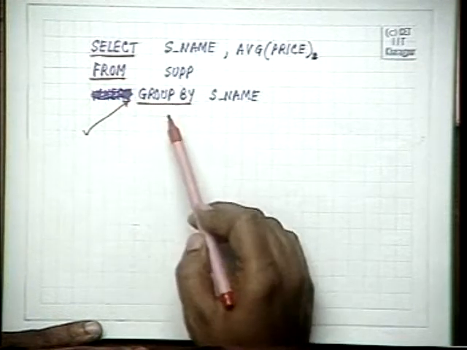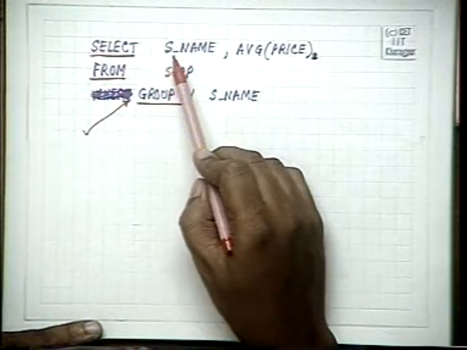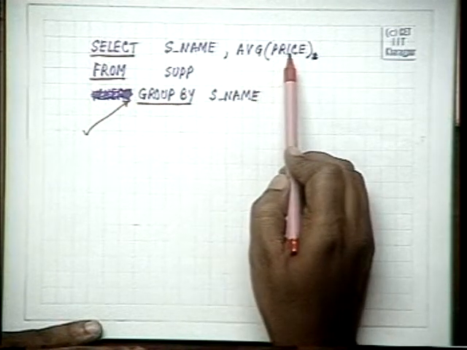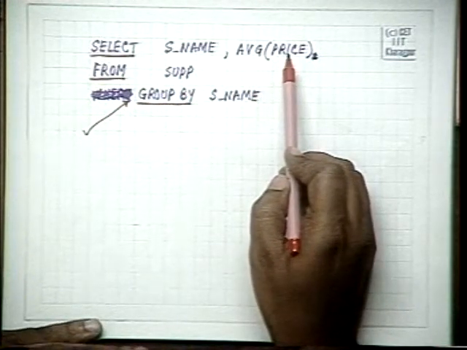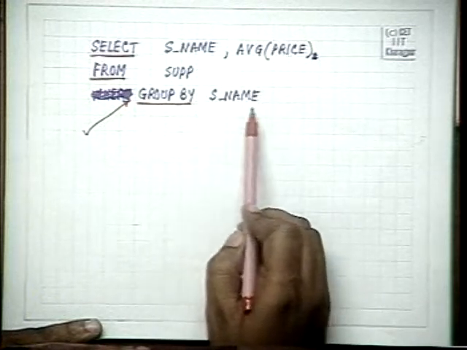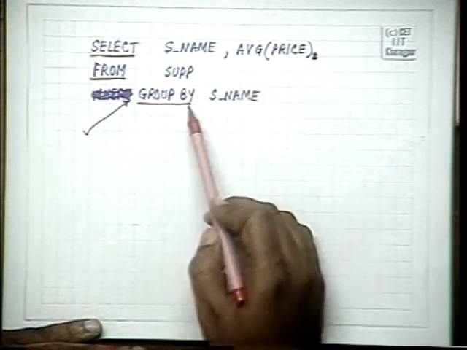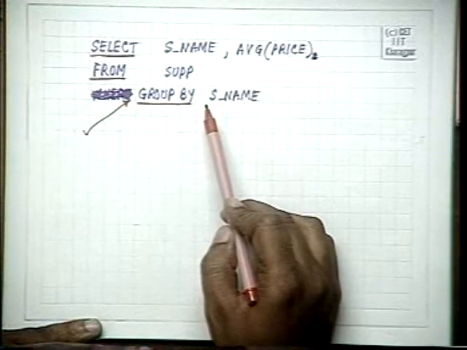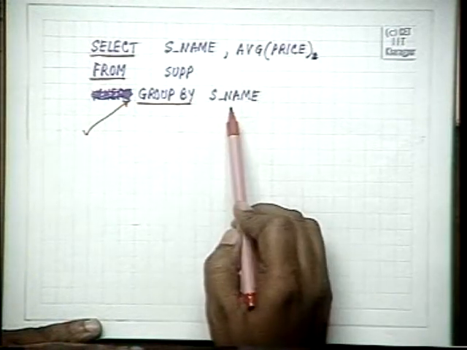This means that it will print out all supplier names and the average price of the books supplied by them, because you are grouping by supplier name. Therefore the average will be taken over supplier name.